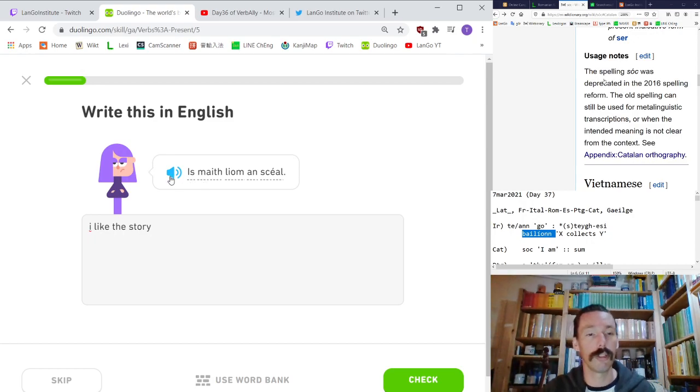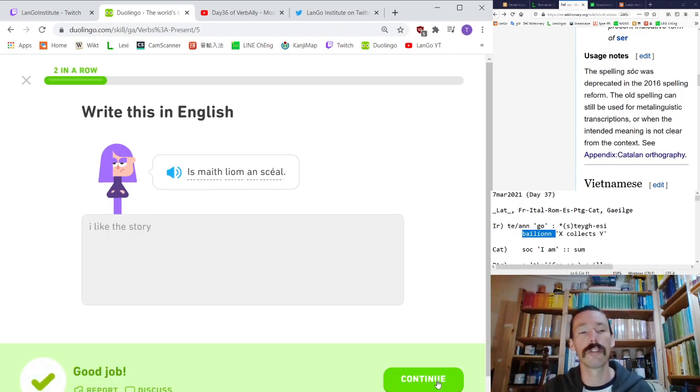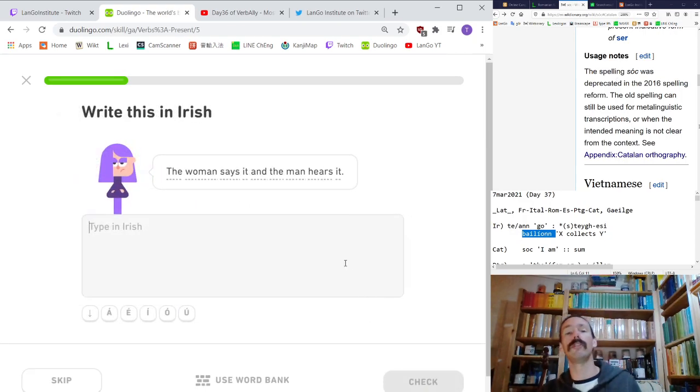So let's review together here. Is maith liom an scéal. You might expect the S here to become a sh, but this one does not. It's a special case. This verb is. It is good with me, and that's the permanent B rather than the temporary one. The woman says it, and the man hears it. Two complete clauses on their own.